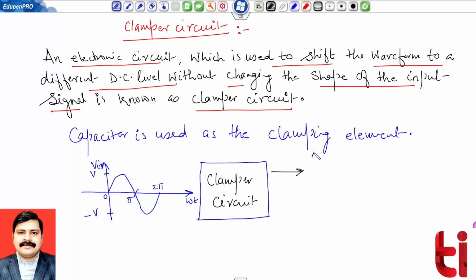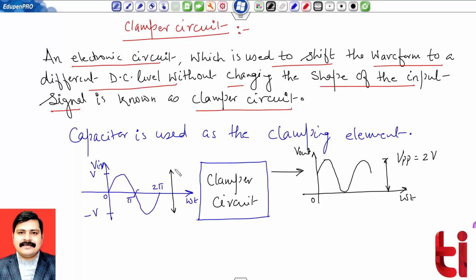Possibility number one is that my signal can be clamped upward from the positive signal. You can see that my signal is shifted. However, its peak to peak value VPP is equal to twice V, and if you recall my input signal, VPP is also twice V. That means there is no change in the appearance of my input signal.